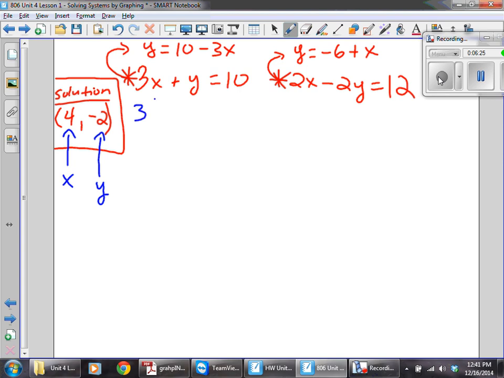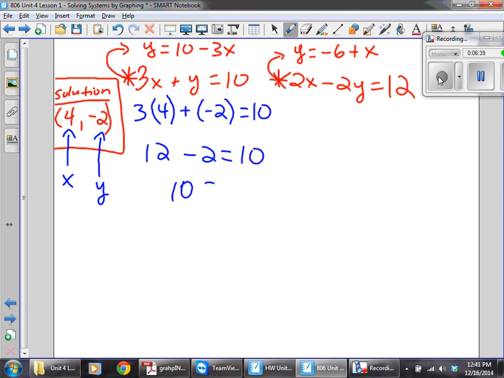So 3 times 4 plus negative 2 equals 10. 3 times 4 is 12, plus negative 2 is minus 2, equals 10. 12 minus 2 is 10, equals 10. That works. In the other equation, 2 times 4 minus 2 times negative 2 equals 12. 2 times 4 is 8.